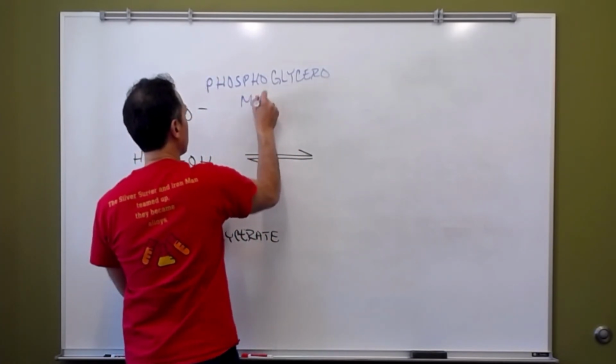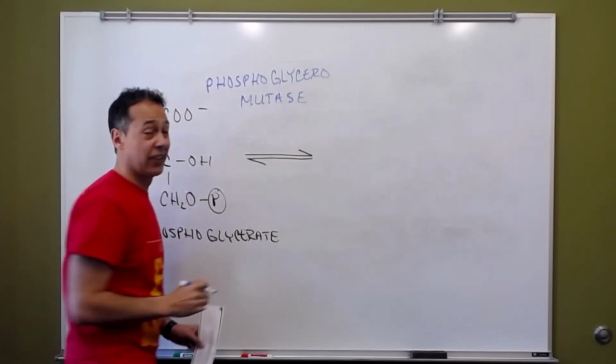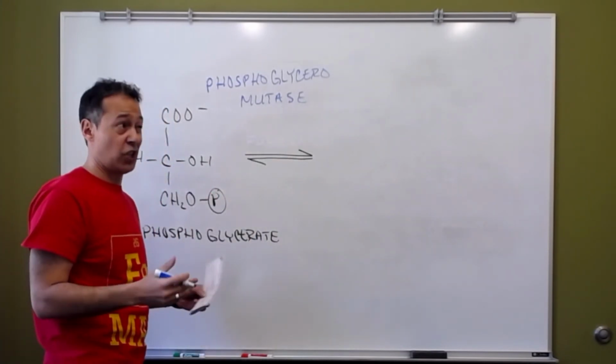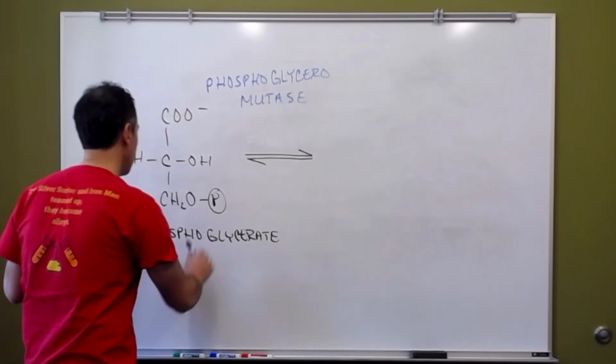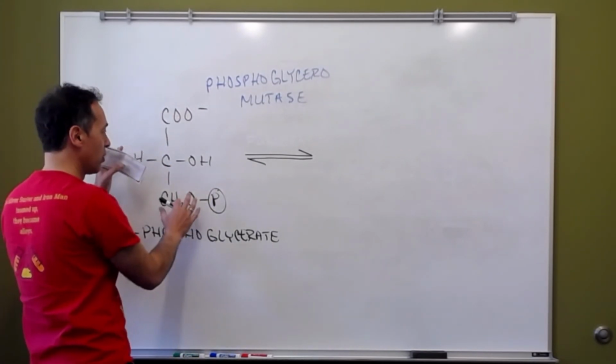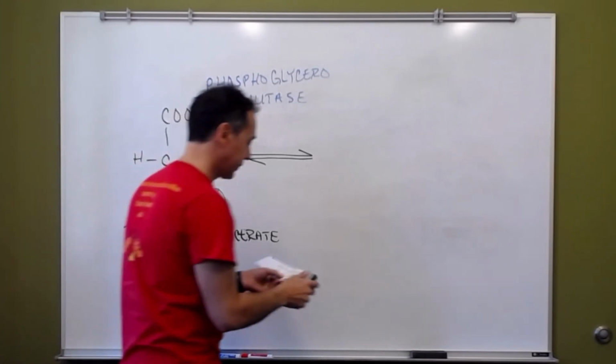And mutase, I mean, just the name gives you the impression it's changing things somehow. And so what will end up happening is we're going to take these atoms and we're going to mutate them. We're going to rearrange them into a new isomer.